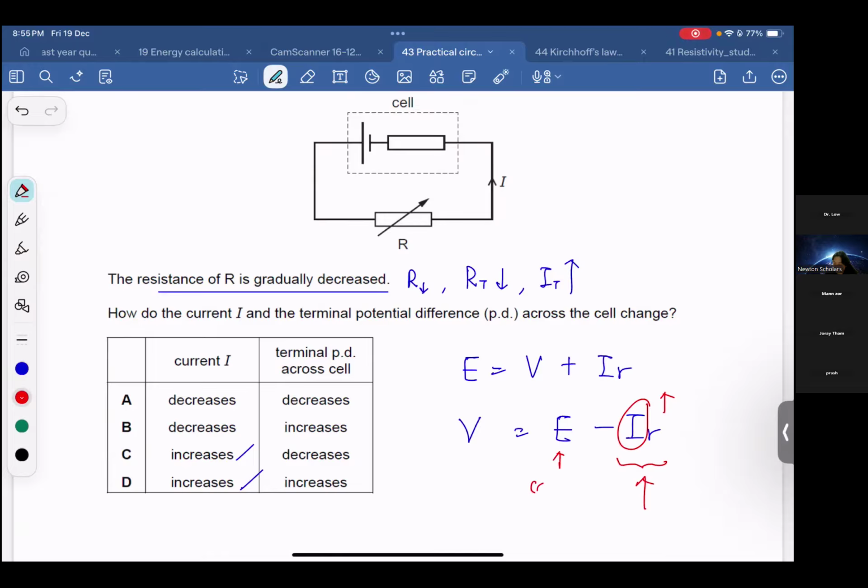Then EMF is constant. So what's going on with your voltage across the cell, the potential difference across the cell, or we say across the component? This part, E minus a big value, so your voltage should decrease. Answer should be C. Okay, let me check. Hai Qian, correct.